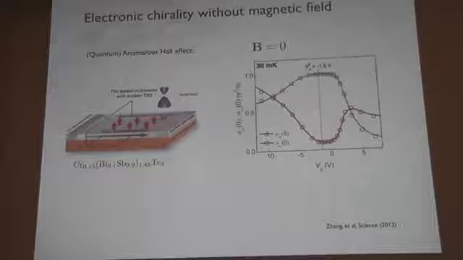And even more, there was also a recent experiment by Qi-Kun Xue and Zhang in China, Beijing, where they tried to create this quantum anomalous Hall state in a magnetically doped TI. And they were able to see, as you can see, sigma xy on the y-axis kind of quantized to e squared over h. And this was at 0 magnetic field. And so this was kind of nice.